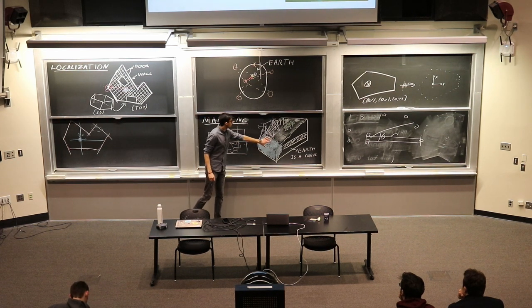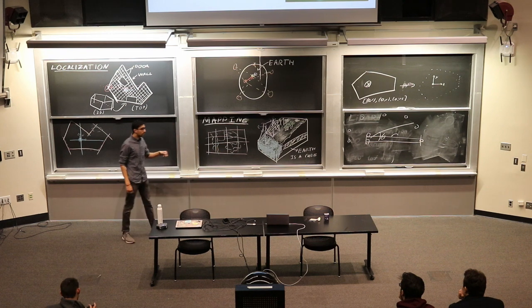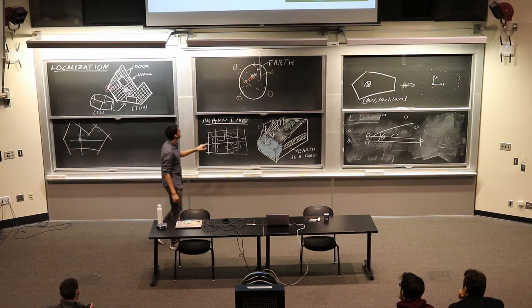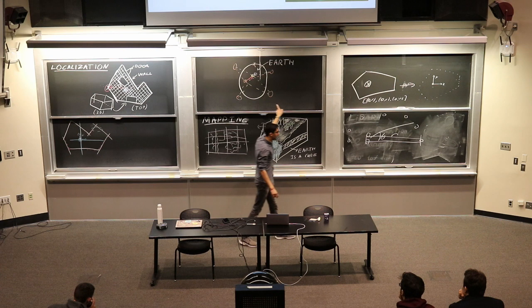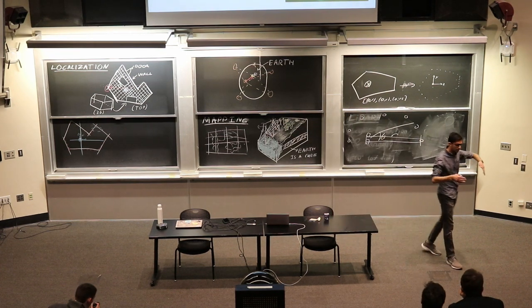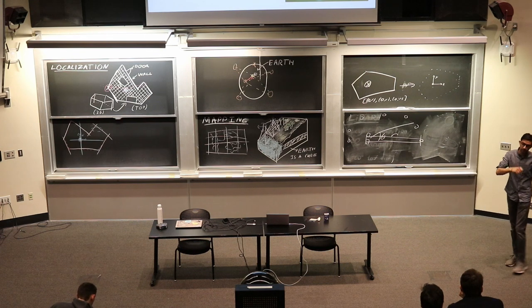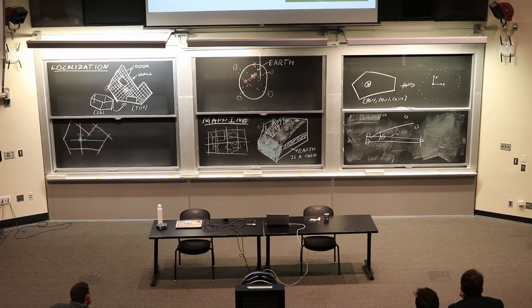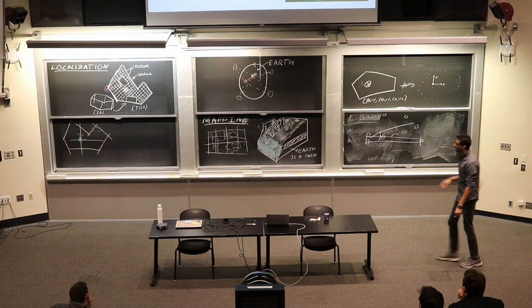Now you're going to get an understanding of what the Earth looks like from the fact that you knew where you were. You didn't know what it looked like. You made sensor observations. You fused that with the fact that you knew your location, and now you can map. So this is how mapping works.